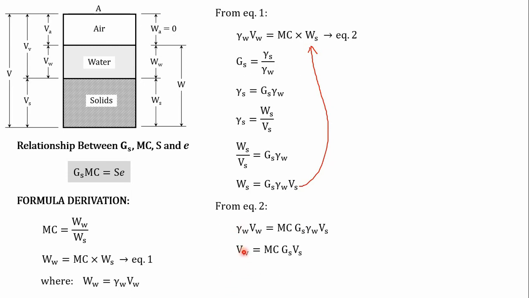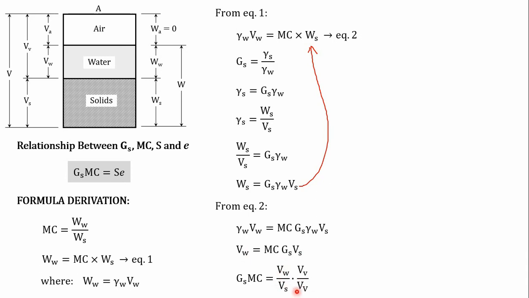So, we have volume of water is equal to mc Gs times Vs. So, we have the formula of Gs mc is equal to volume of water divided by volume of solids. Rearrange ko na lang. Vs is i-divide ko, i-transfer ko sa kabila.